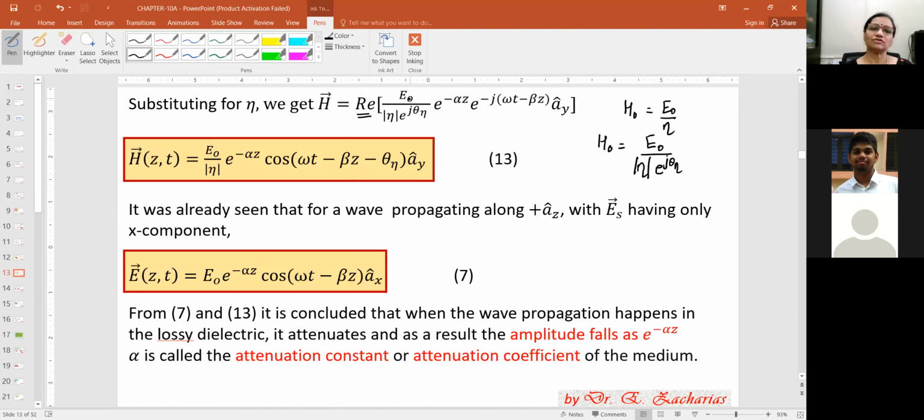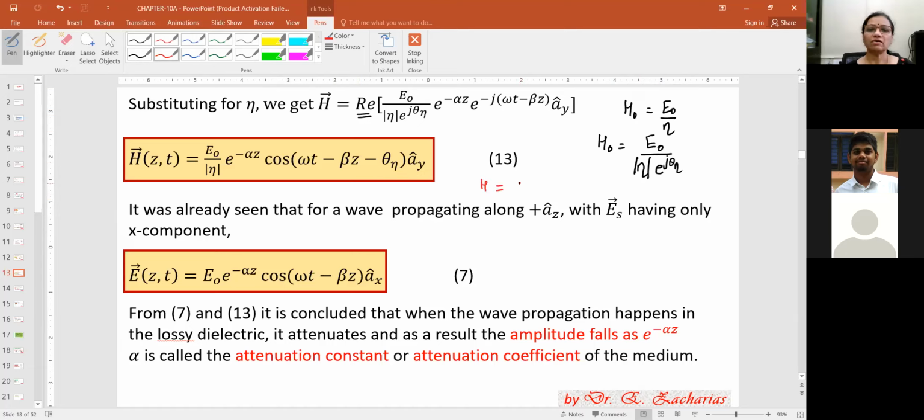When I apply the real part, I get E naught divided by the modulus of eta, which will not change because it is already real. But the real part of e to the power of j theta eta will become cosine. I will not touch that step right now. I will simply do another thing. Let me write the equation for H.